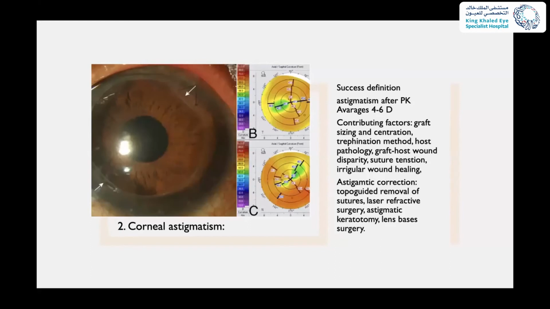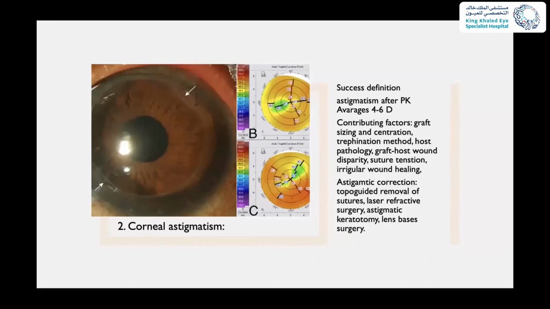The host pathology also plays an important role. So after keratoectasia, like keratoconus and PMD, you expect more astigmatism post-op, and it might be irregular as well. Also, the graft host wound disparity, the suture tension, and the irregular wound healing.